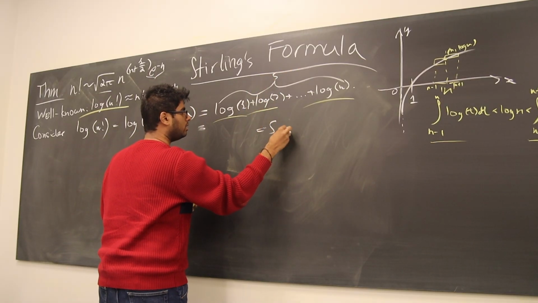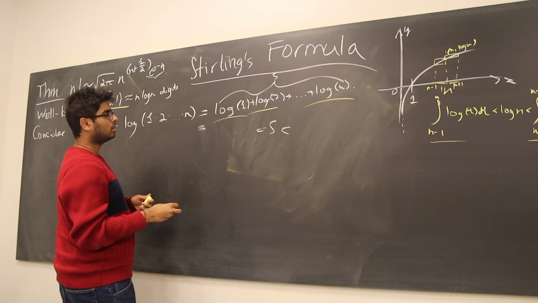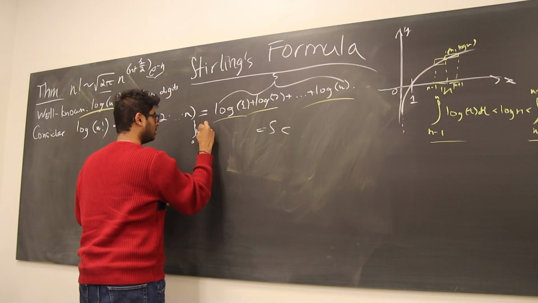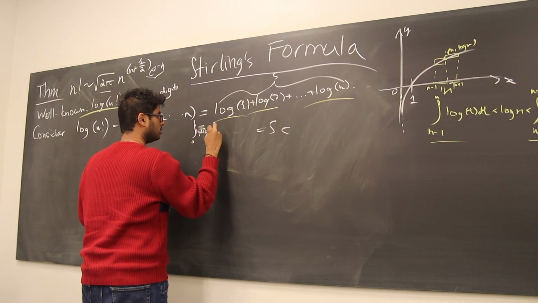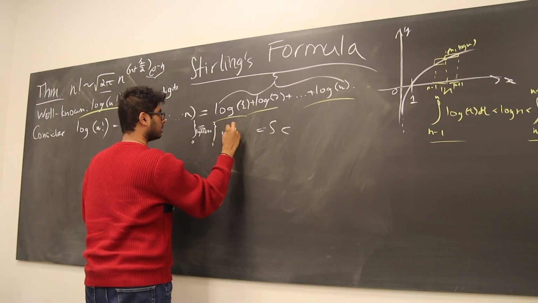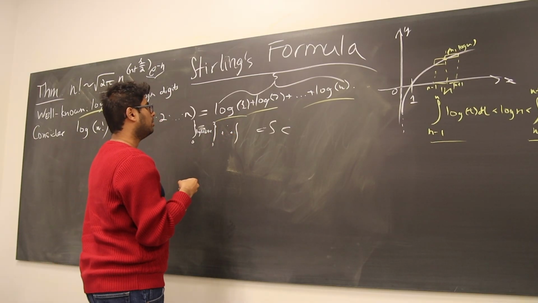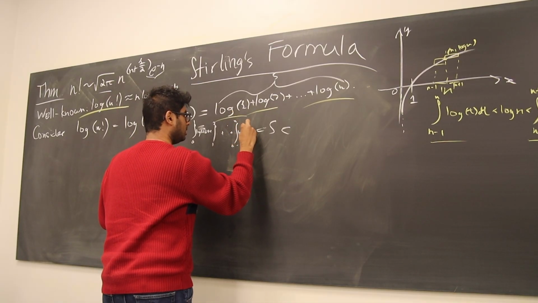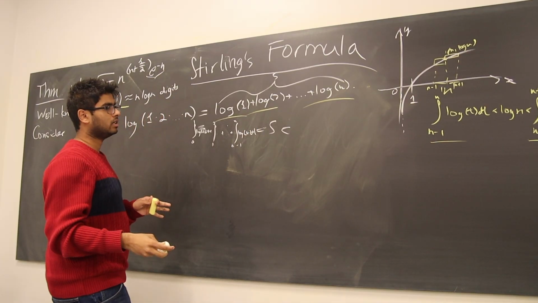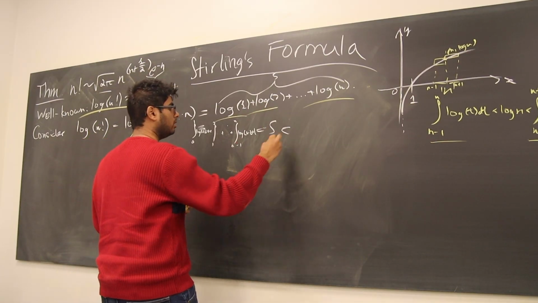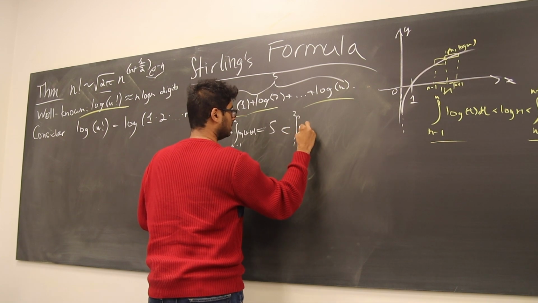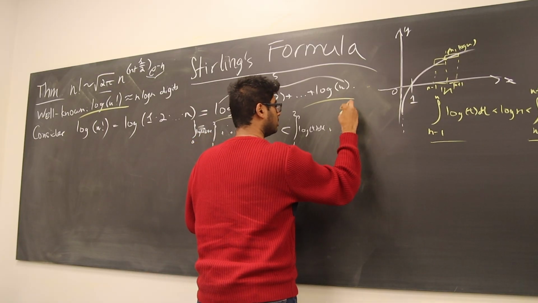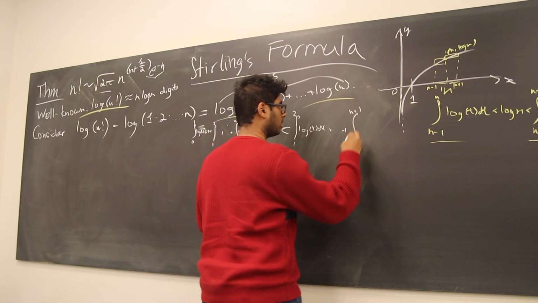So s is between the integral from 0 to 1 of log t dt, plus the integral from 1 to 2, plus dot dot dot, and the last integral will be from n minus 1 to n of log t dt. And then similarly, the bounds are shifted up by 1. Your lowest bound is the integral from 1 to 2 of log t dt, and then dot dot dot, up to n to n plus 1 of log t dt.